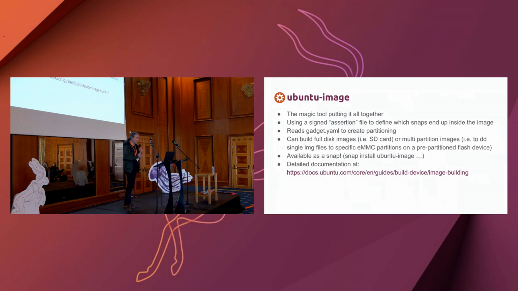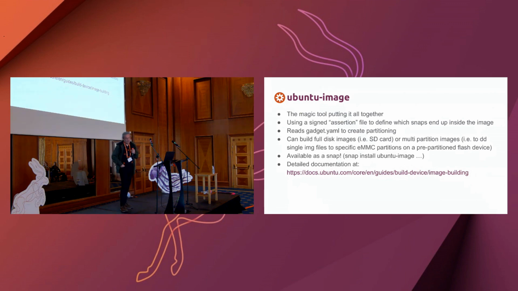To build your Ubuntu Core image, you need to assemble it from all these different snaps. So we have a tool for that. It's called Ubuntu Image. I was actually planning to show on stage how that works, but the time is too short for that today. There will be a workshop later in the week where we look into attaching an environmental sensor to a Raspberry Pi on Ubuntu Core, and there you will see Ubuntu Image in action. Come by if you want to.